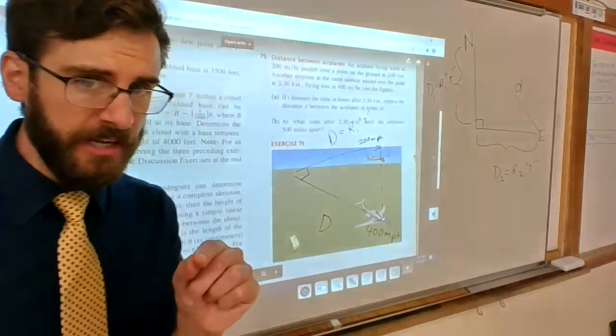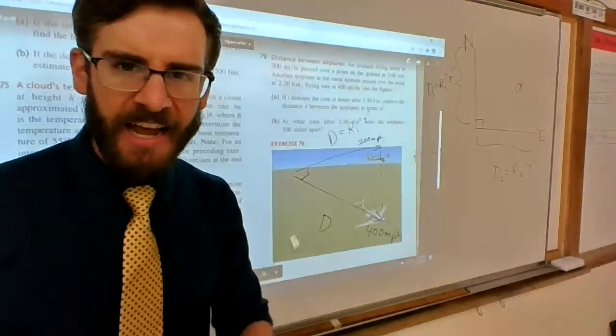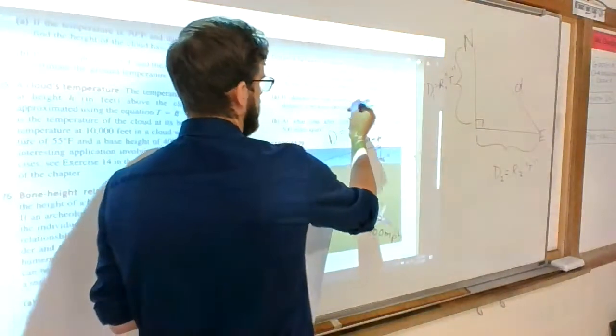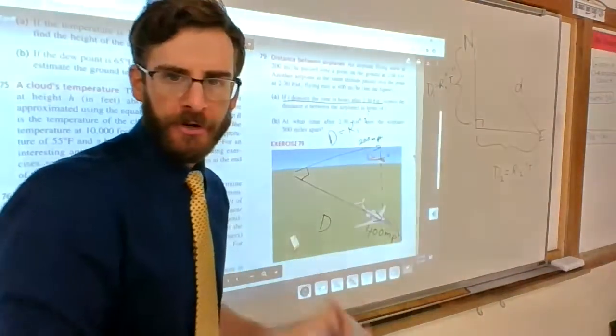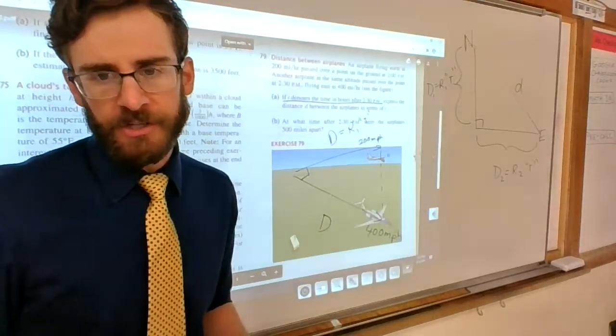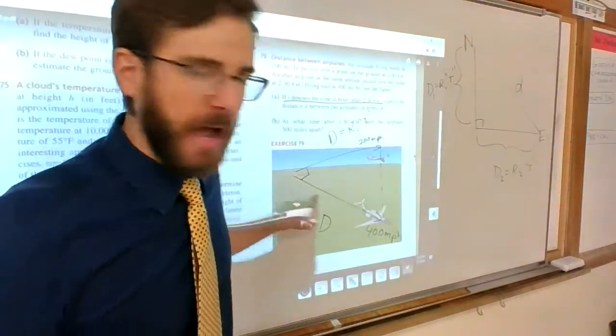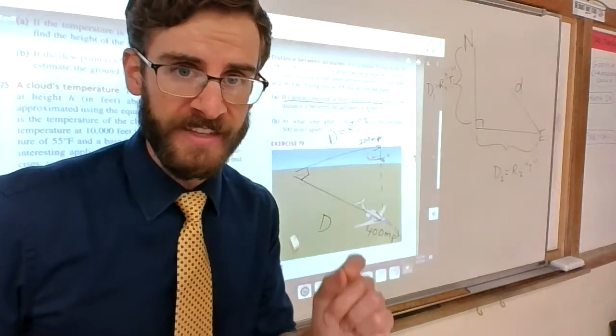However, what they're doing here in the problem is they've kind of tidied it up for us. They said, let T denote the time in hours after 2:30 p.m. So what we're kind of doing is we're saying, let's let the eastbound plane set the tone for what the time should be.